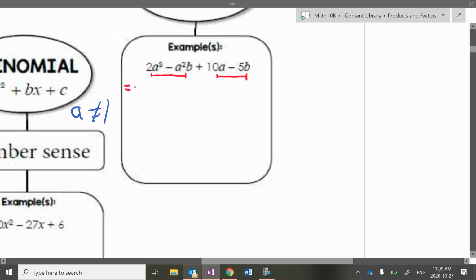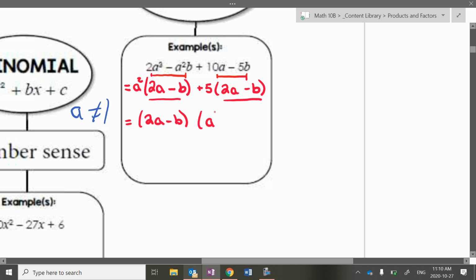From my first two, if I factor out a squared, I'm left with 2a minus b. My second one, I'm going to factor out 5. I'm left with 2a minus b. Now I can factor out the 2a minus b from both, and what I factored out initially becomes my second binomial.